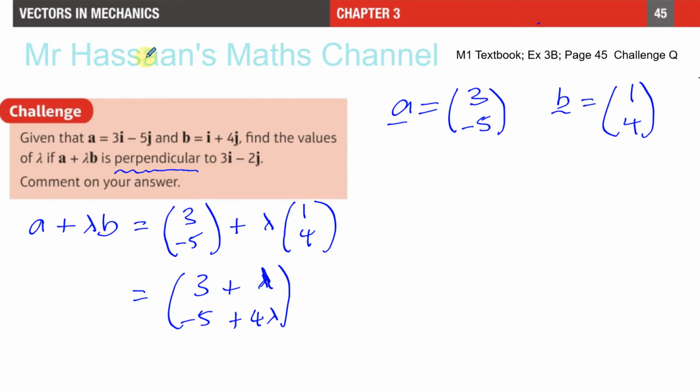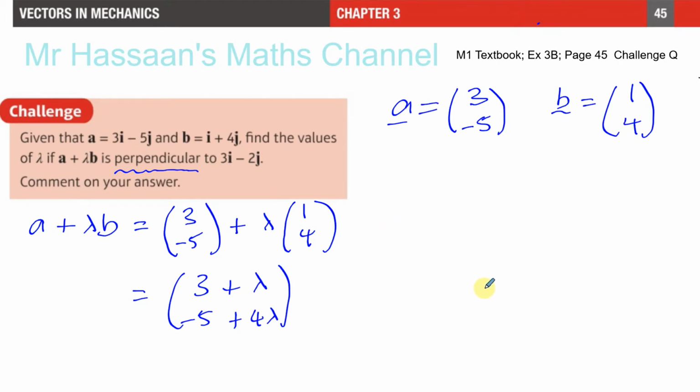But that's not really what's required here, because this is just M1, so they're just trying to test your understanding about lines which are perpendicular and parallel. So I'm going to teach you from the things that you already know, and you'll be able to work out the answer.